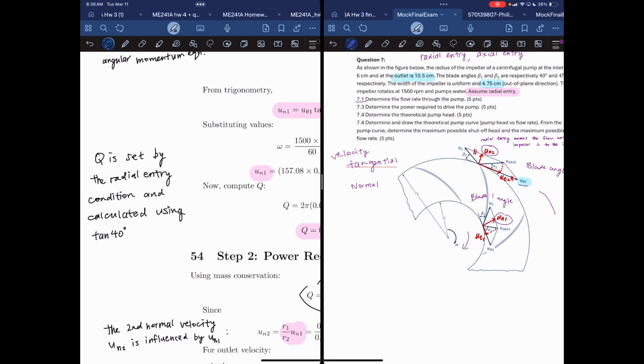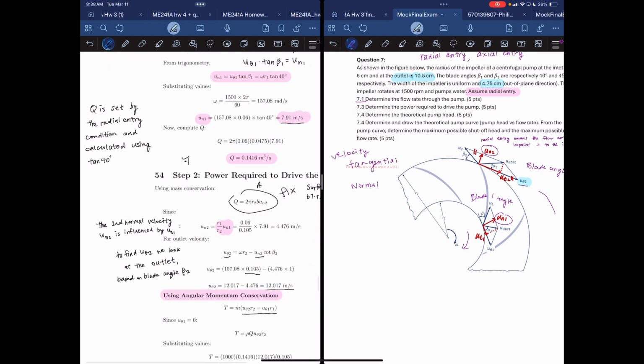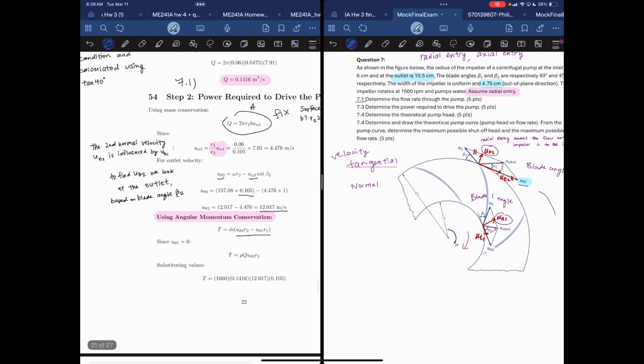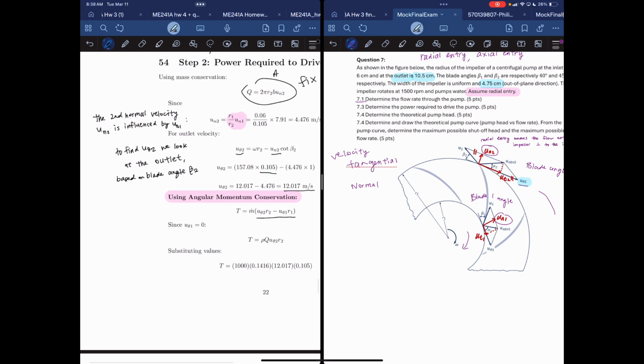And then 7.2, this is 7.1, uses the outlet velocity to compute the torque, requiring the second normal velocity, which is derived from the first normal velocity in 7.1 because it's influenced as a relationship.